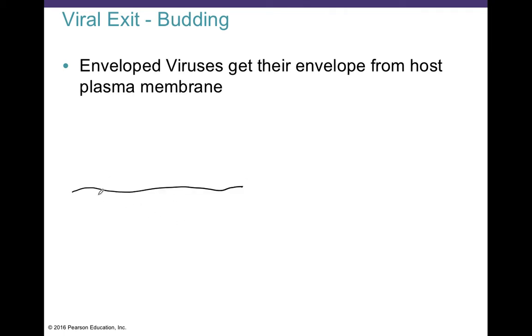Here we have the plasma membrane of the cell, the cytoplasm here, and the extracellular area here. The assembled capsid and genome are going to make their way up to the plasma membrane.